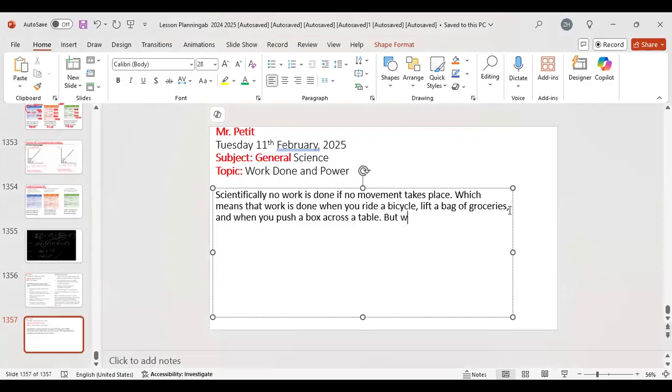But work is not done when you push against a wall and the wall does not move.